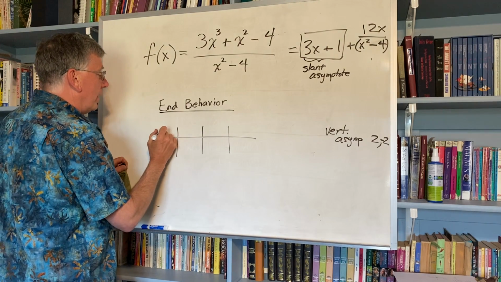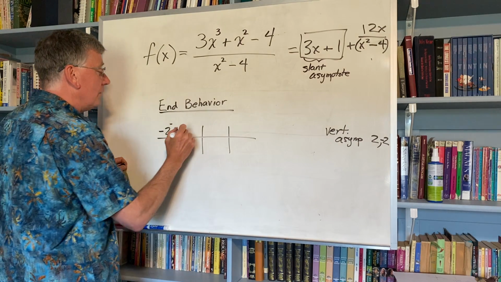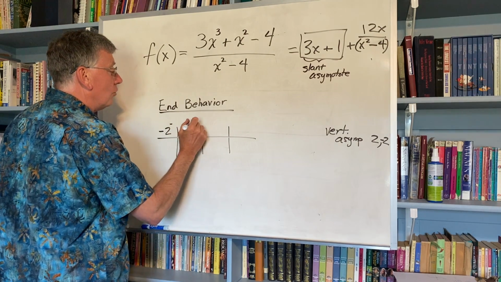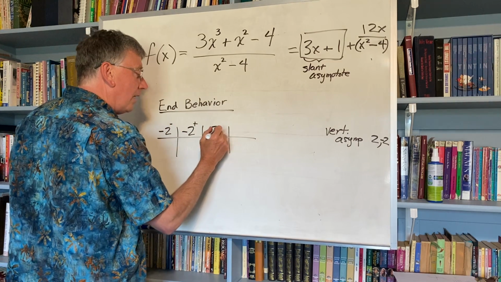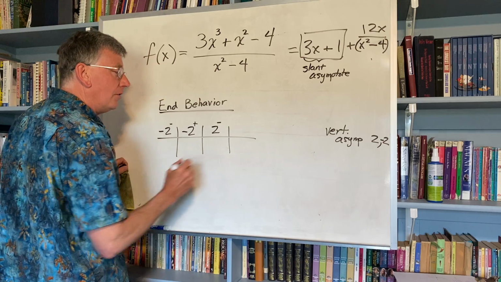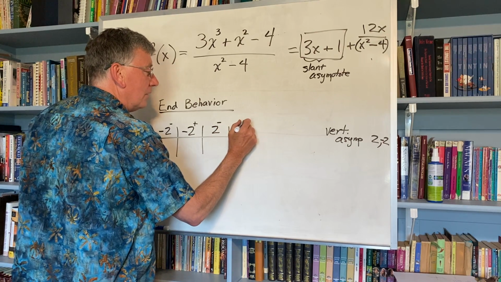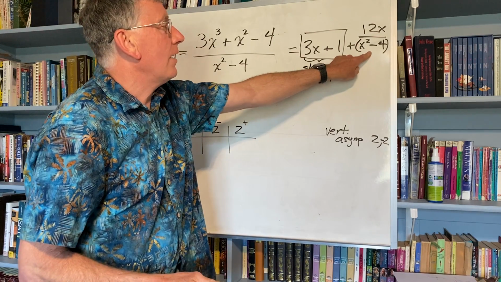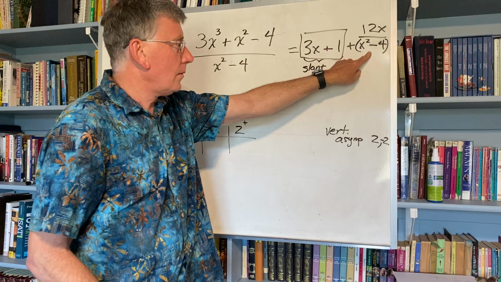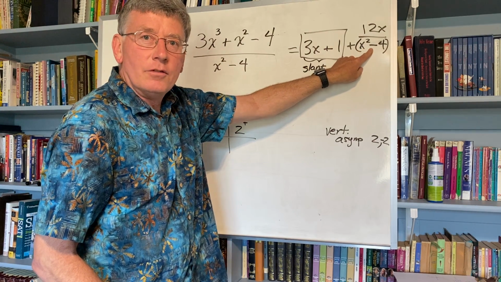I'm going to check when x is negative 2 and a little bit further to the left, negative 2 and a little bit to the right, plus 2 and a little bit to the left, and plus 2 and a little bit to the right. And all I'm going to do is look at this guy right here. I want to know whether it's positive or negative.